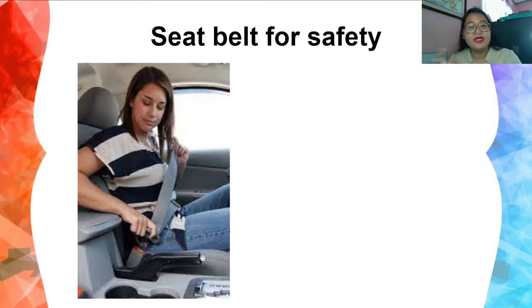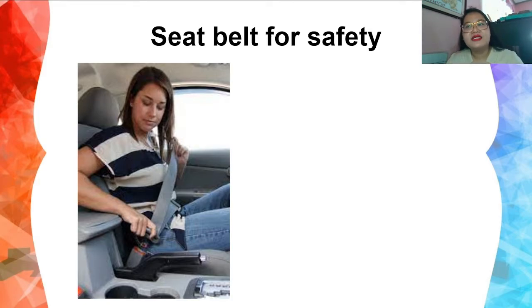Pwedeng bigla siyang huminto, bigla siyang nag-preno, or bigla siyang nabangga sa puno, sa pader, or sa isa pang vehicle. Dahil mabilis yung movement ng sasakyan, bigla siya nabangga. So, ang tendency ngayon, hindi lang yung sasakyan ang nagkakaroon ng damage, maging yung nasa loob ng sasakyan.